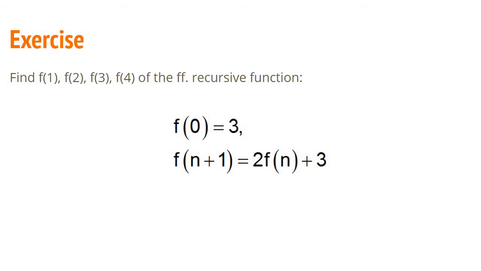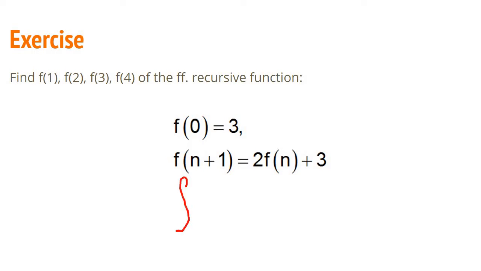we have a recursive definition. f of 0 is 3, and f of n plus 1, the next term, is equal to twice of f of n, the previous, plus 3. Or we could write this in terms of the current term.